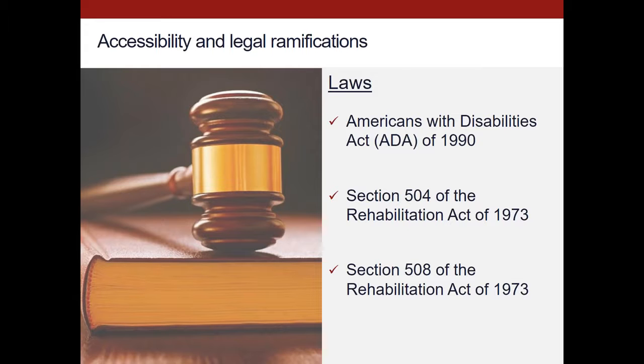So this means that closed captioning must be provided for users who are deaf or hard of hearing. And then Section 508 of the Rehabilitation Act requires that electronic communications and information technologies, such as websites, email, or web documents, must be accessible.